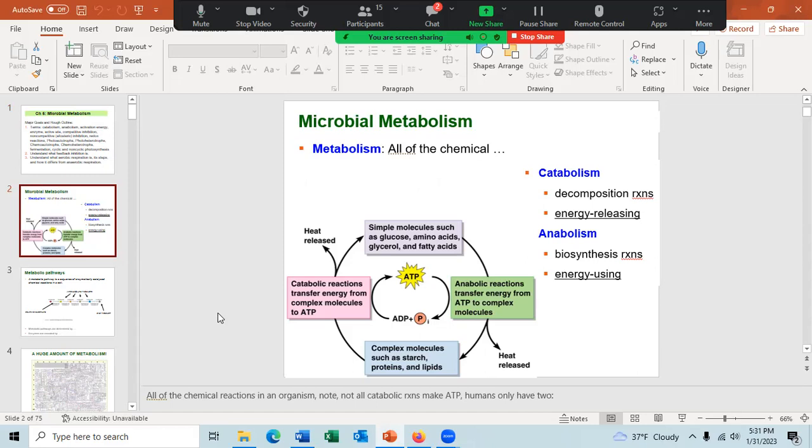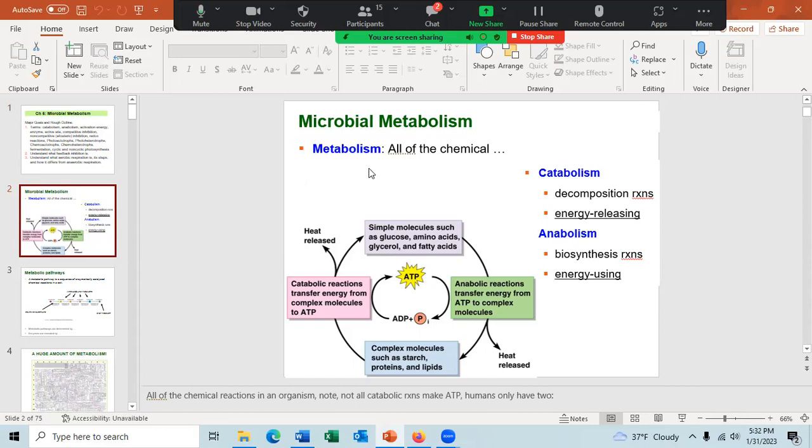All right. When we're talking about metabolism, it's important to note that metabolism is all of the chemical reactions that occur within an organism. And for microbes, since an organism is a single cell, metabolism is all of the chemical reactions inside a cell.